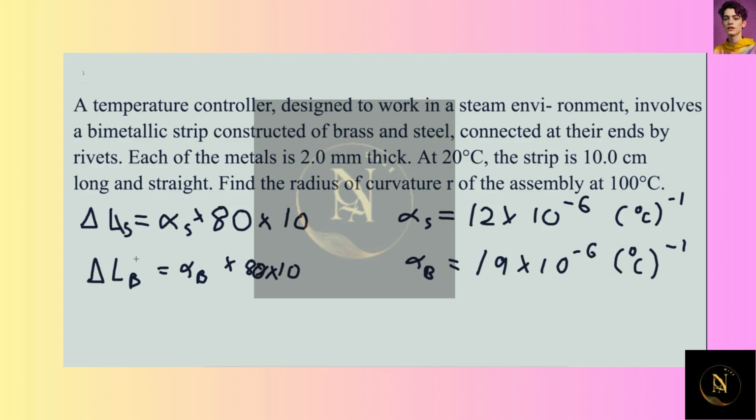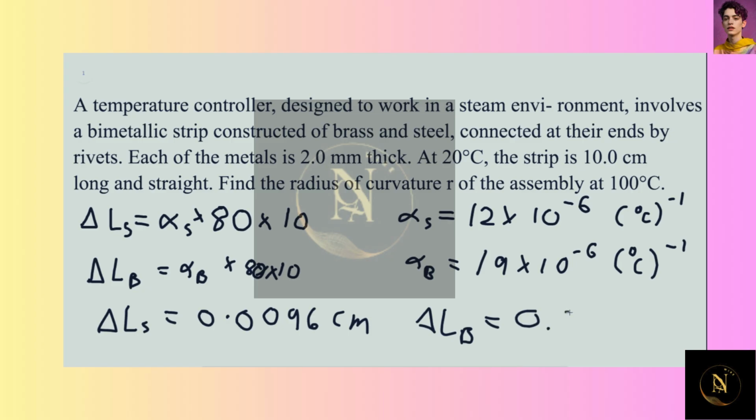It turns out that delta LS is equal to 0.0096 centimeters, and delta LB, the change in length of the brass, is equal to 0.0152 centimeters.